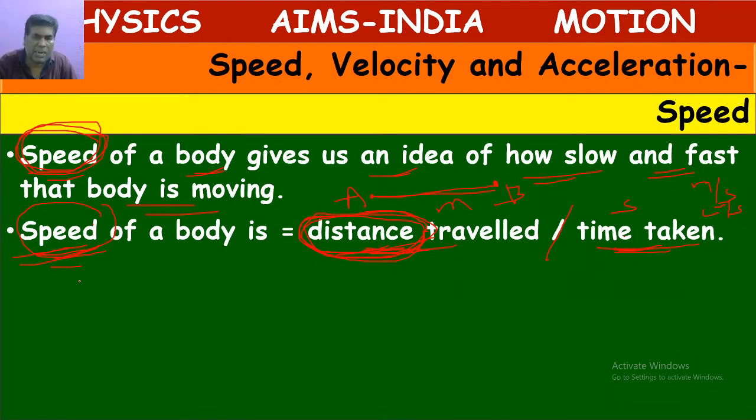So speed is also measured in kilometer per hour, or we can call it kmph. So for measuring speed, we have different units like meter per second, centimeter per second, kilometer per hour. What is speed? The ratio of distance and time is called speed.